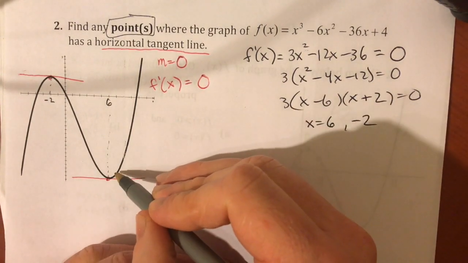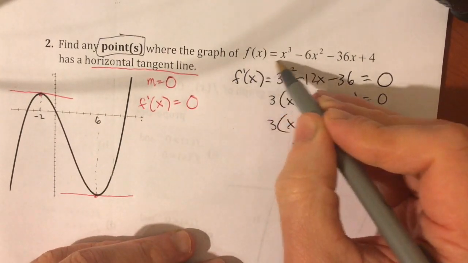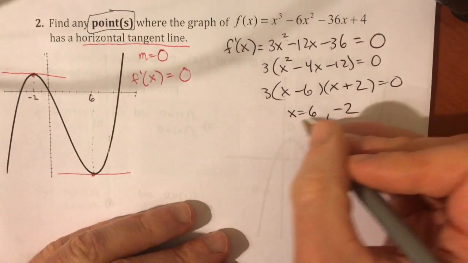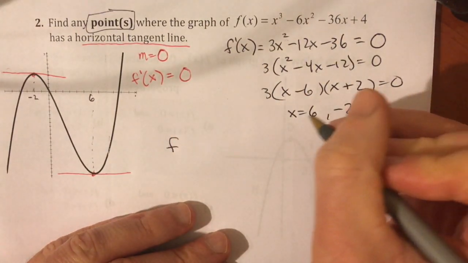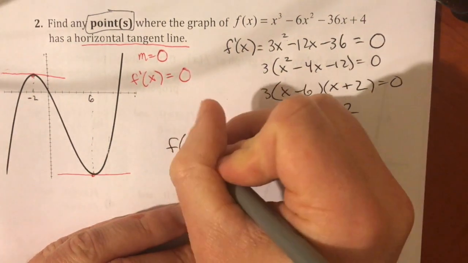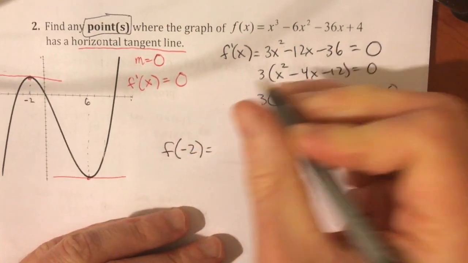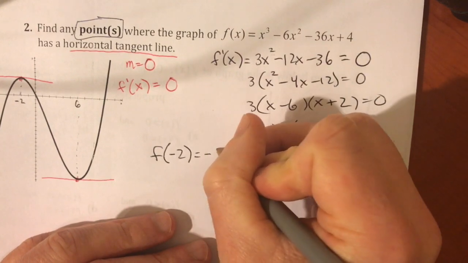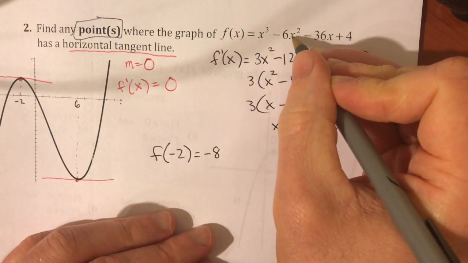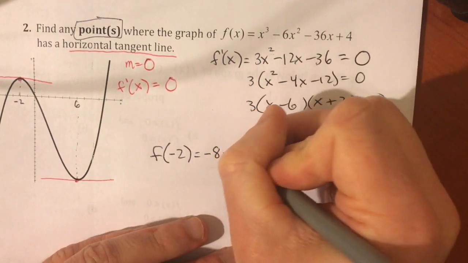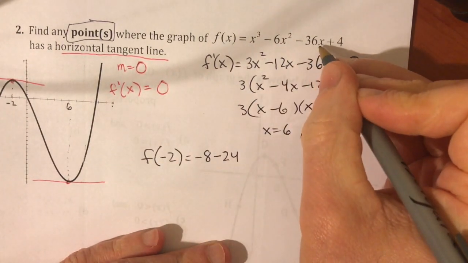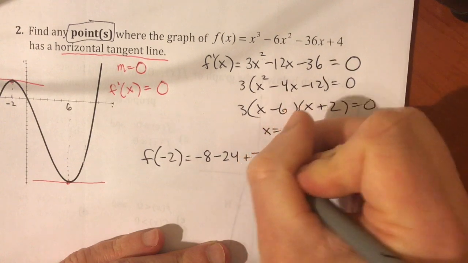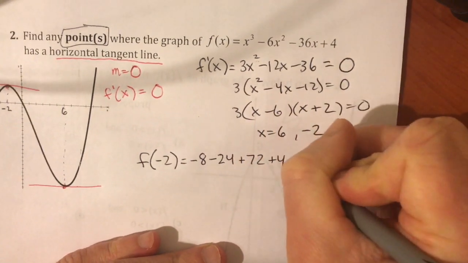Where do we get the y values on f of x? From the f of x equation. So we're doing a couple plugins here, but into the f equation, show that plugin. F of -2 gives you -2 cubed is -8, -2 squared is 4, times -6 is -24, -2 times -36 is +72, and +4.